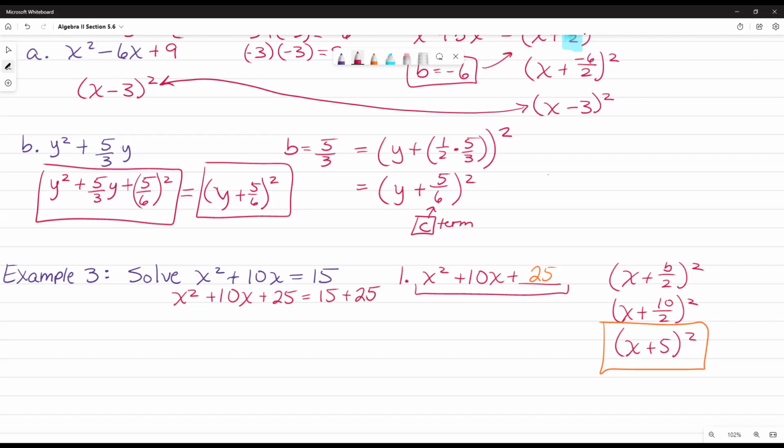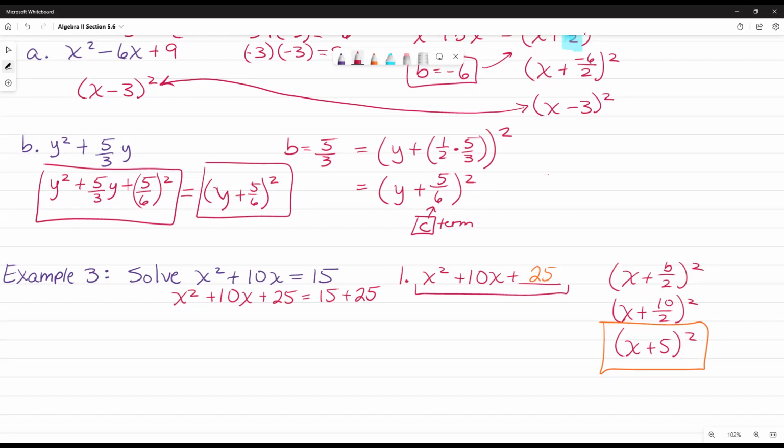So this is like when, do you remember when we had one two-variable equation minus another two-variable equation, and we had to make the coefficients opposites? So we just multiplied everything times. So that's pretty much what we're doing: we're adding 25 to make it a perfect square, a squared binomial.